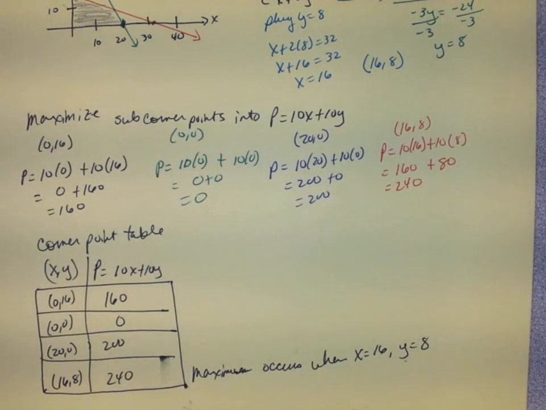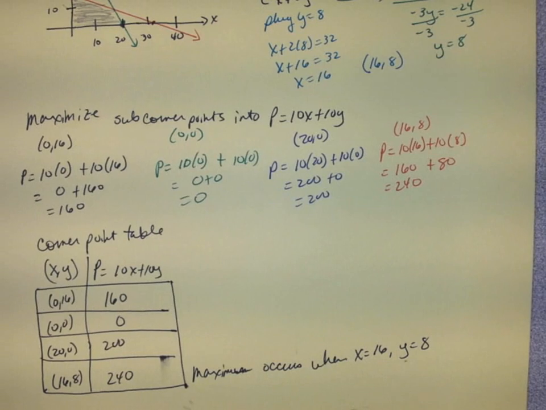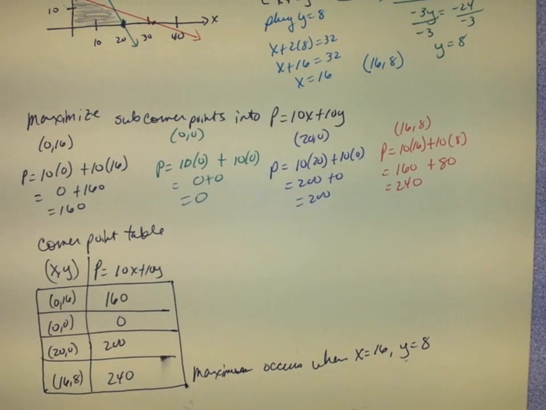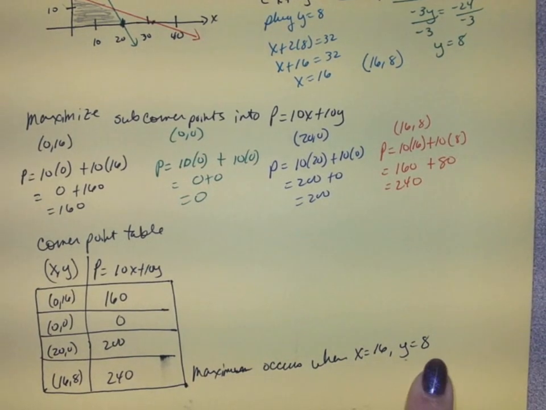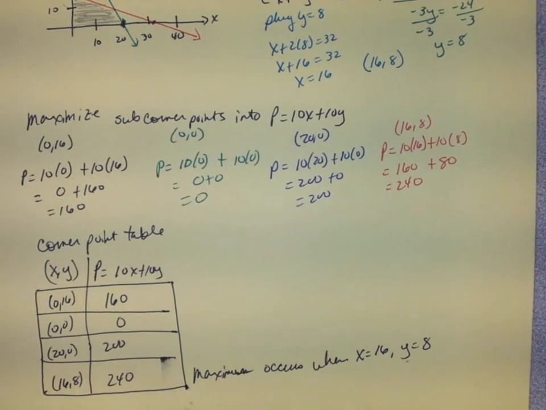It's talking about figure out where you get the maximum P, which would be our profit, so that we know, like, what should we make? We should make 16 of the x and 8 of the y to get that maximum value.